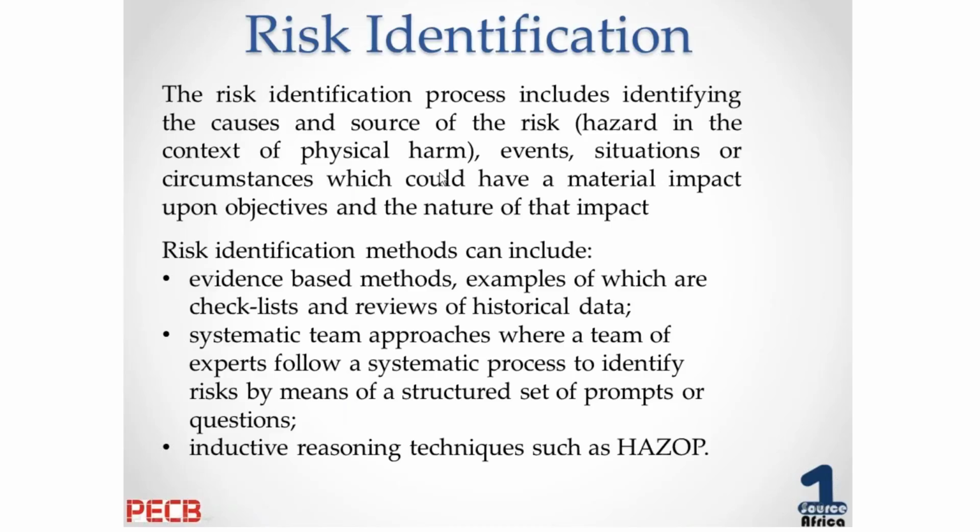So the risk identification process includes identifying the causes and sources of the risk, which in all probability is the hazard in the context of physical harm. The events, situations and circumstances which could lead to a material impact upon objectives, and the nature of that impact.